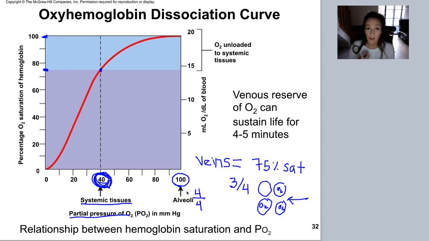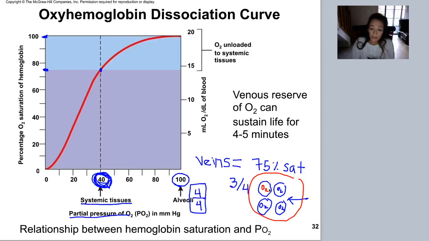This means that 4 out of 4 globin subunits in hemoglobin are binding oxygen in that blood coming away from the alveoli. So when we go to the lungs and pick up oxygen, we go from this scenario right here to adding 1 more oxygen onto each hemoglobin molecule.